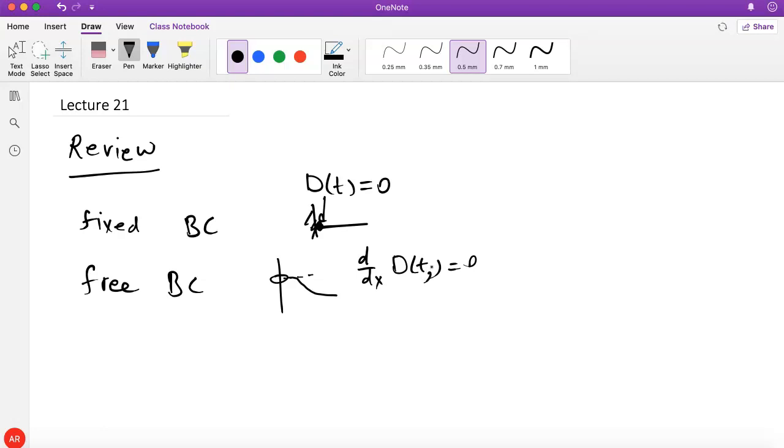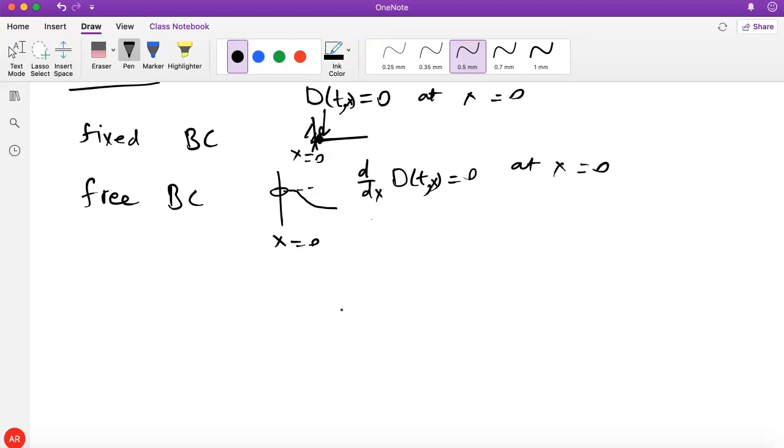Of course, these also have position dependence, but it's just at that point, for example at x equals 0, and only at x equals 0.